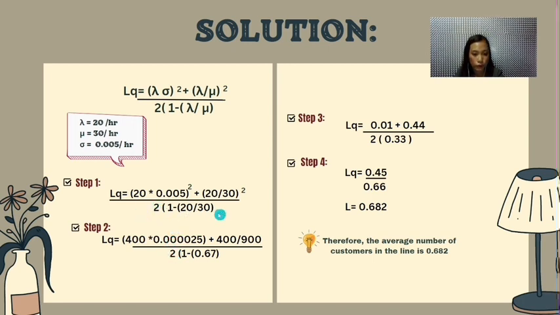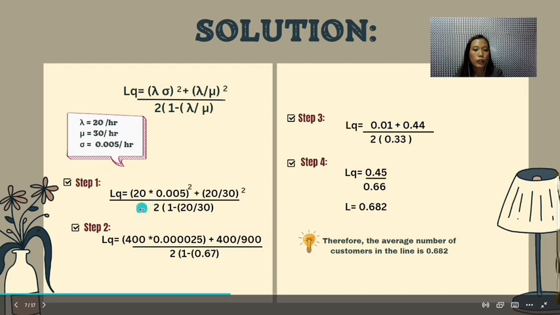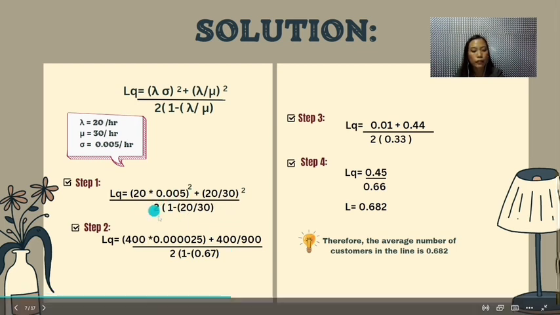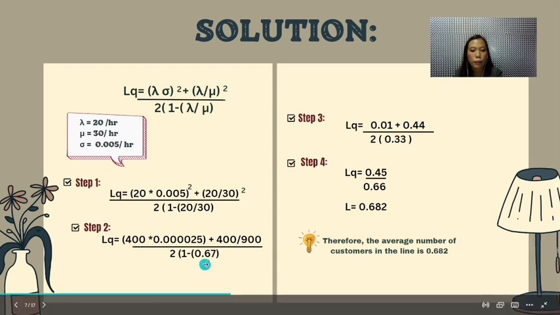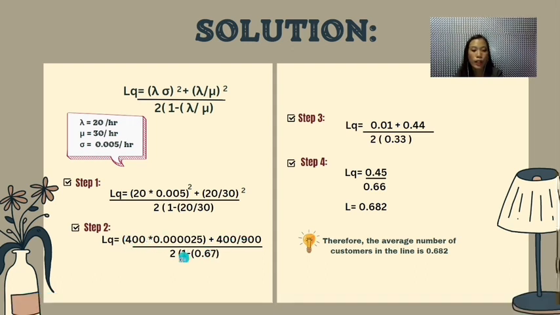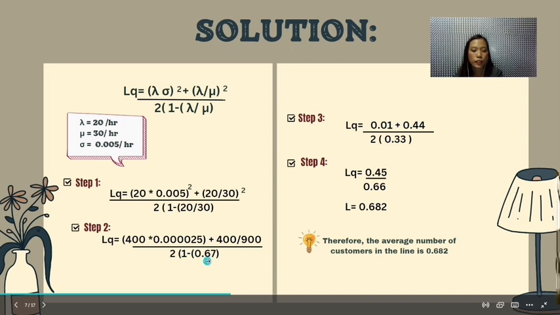According to PEMDAS rule, we need to calculate first yung merong parenthesis sa loob. Ano yon? Ayun yung 20 over 30, since ito yung nasa pinakaloob ng parenthesis. So, 20 divided by 30 is equals to 0.67. Yan muna yung step 2 natin para hindi tayo masyadong malito. So, stop muna tayo dyan for the step 2.